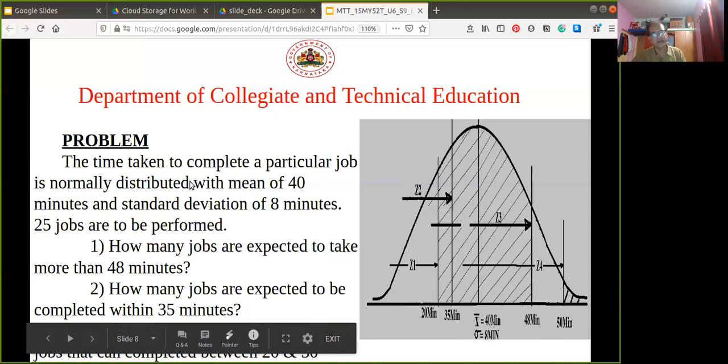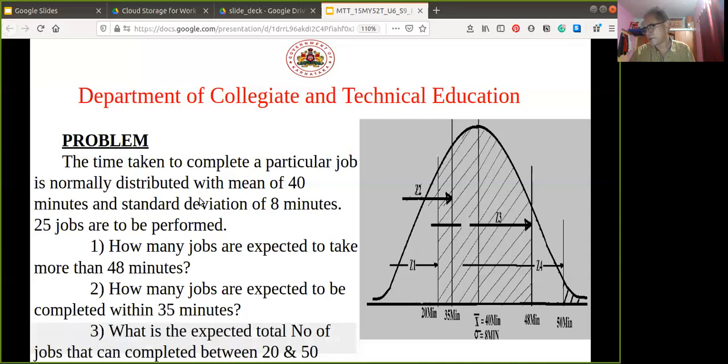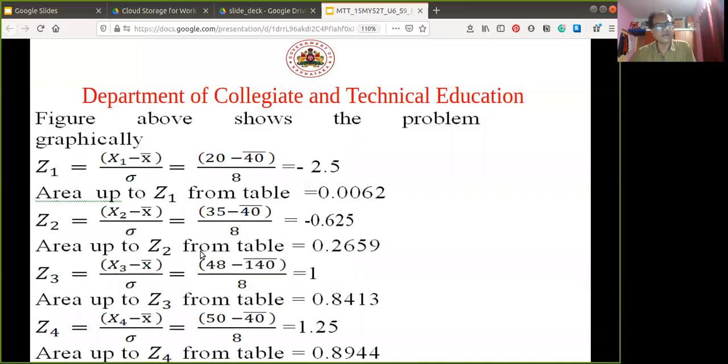Now we can calculate it. Now I'll solve this problem. From the figure above, we can find Z1. Z1 is equal to X1 minus X bar divided by the standard deviation.